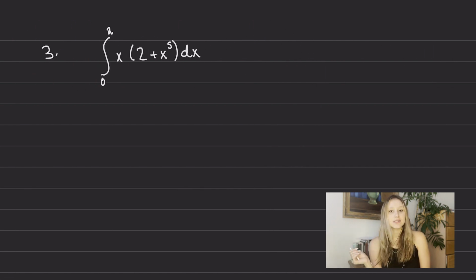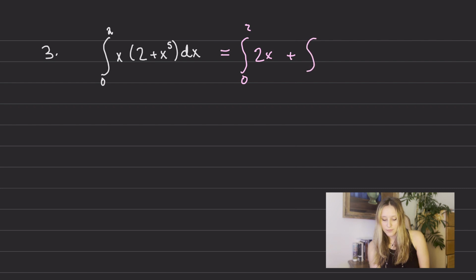Next, we are going to do a little distribution, because that's going to make things a little bit easier, okay? So let's rewrite this. We get integral at 2 and 0, 2x plus another integral, 6 of x to the 6th, evaluated at 2 and 0.